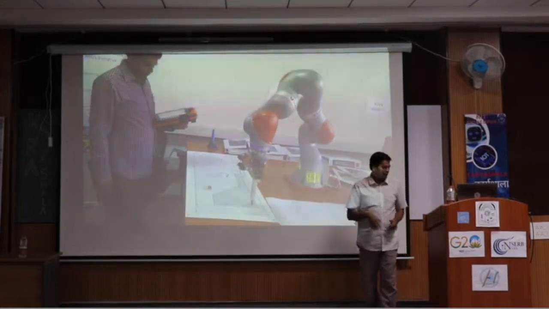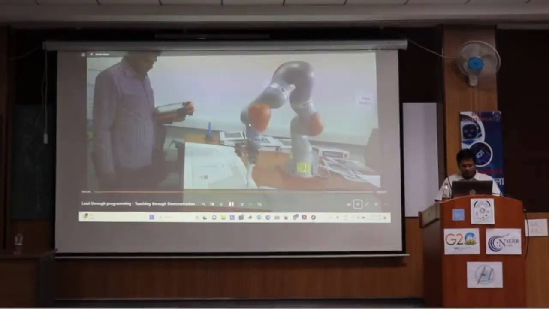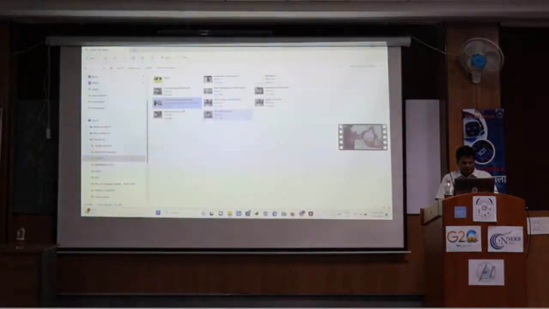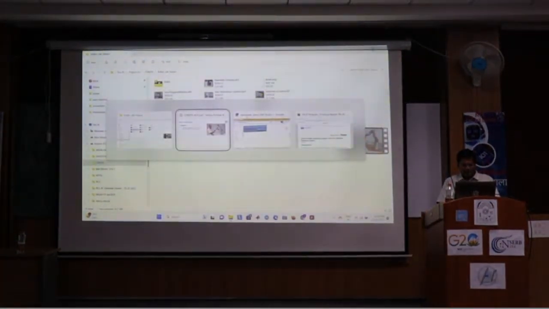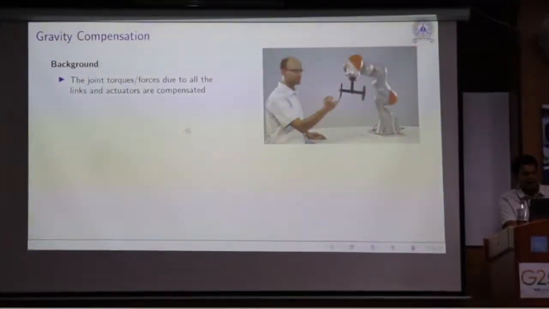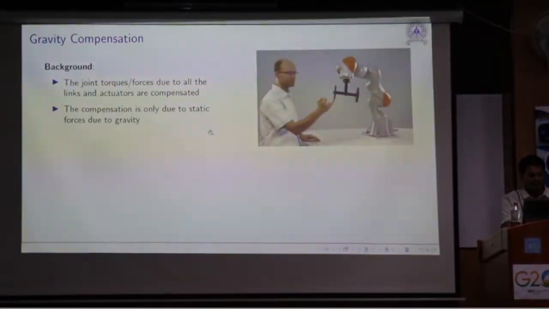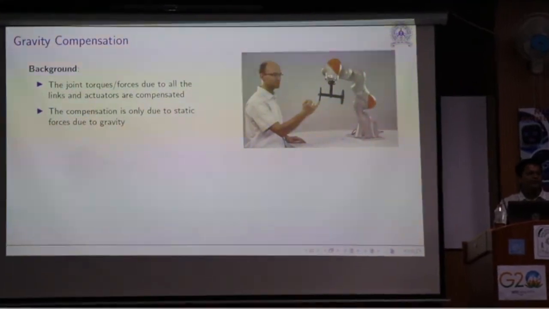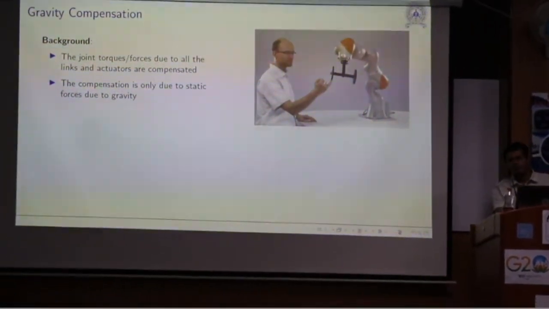So this is one example. This is lead through programming. Okay, let me go back. So this is the beauty of having gravity compensation, and the compensation is only for the static forces due to gravity. Only gravitational forces are compensated.